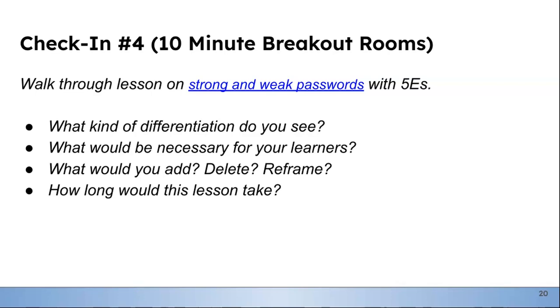Maybe it's a trickle-in activity. We were thinking about sentence strips on the board explaining why something is a good password or a weak password, so they don't have to recall it themselves. They can point to it and say, this is a good password because it has different characters, or it's not a good password because it doesn't have enough characters. It's too short. Some simple sentences. And then eventually they're going to use those without having to refer to the sentence strips.